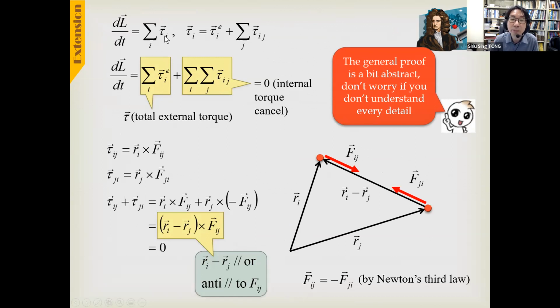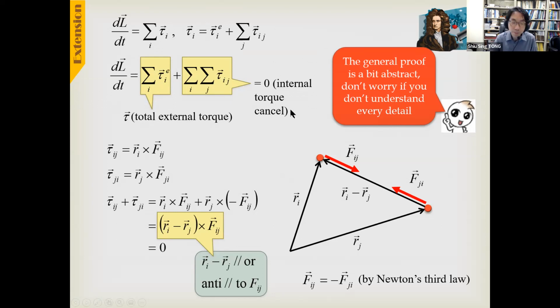When I form a sum of the torque of all the particles, for the first term I get the total external torque, because I'm summing up all the external torques on the individual particles. So this is the total external torque from the outside. But I also have the internal torque, and I form a double summation over the two indices, i and j. And I find that this sum eventually will go to 0.